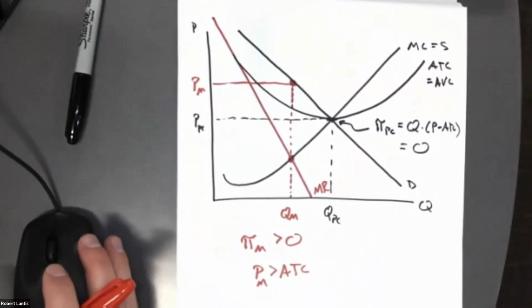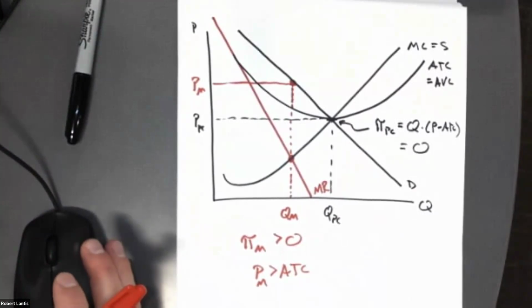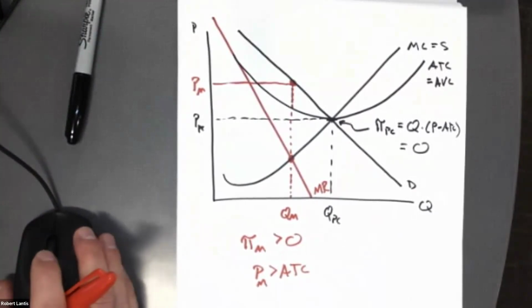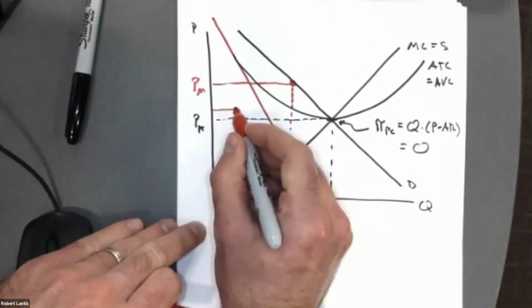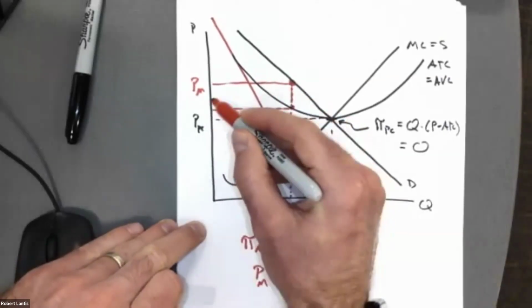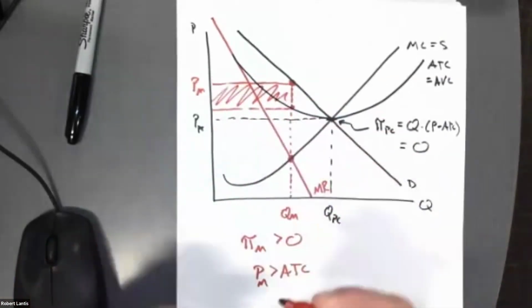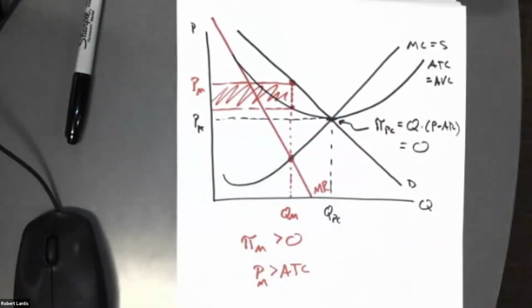Now, let's say we had a monopolist, just to make this point, with positive profits, right? And we could calculate that by taking the difference between price and average total cost, multiplying it by the quantity they're producing. What should other firms do? If this firm is earning positive profits, other firms should enter this market.